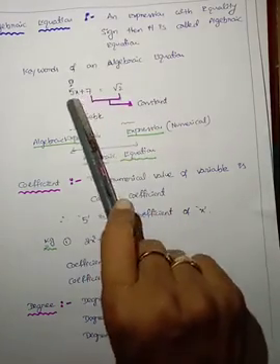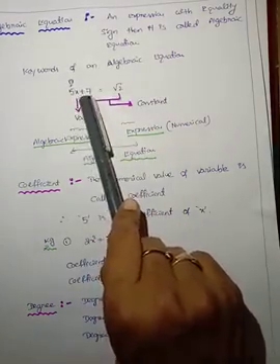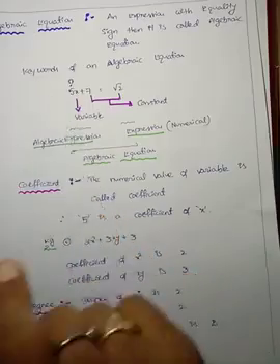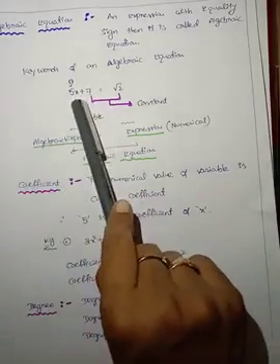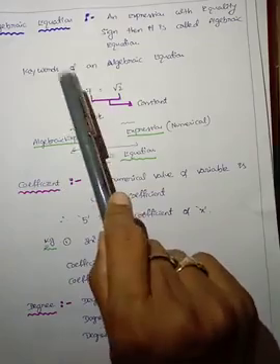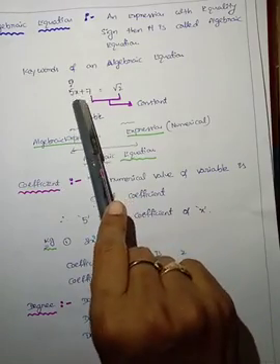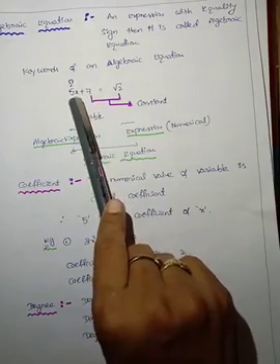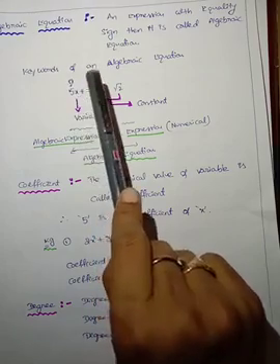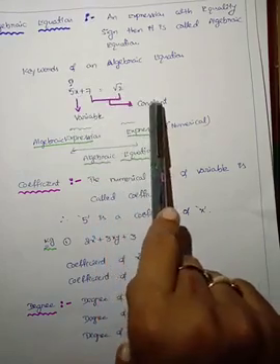The numerical value of a variable is called the coefficient. So here 5 is called the coefficient of x. 5 is the coefficient, x is the variable, and 7 and square root of 2 are constants.